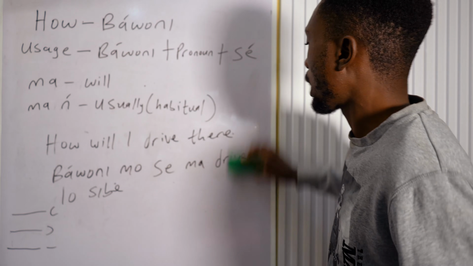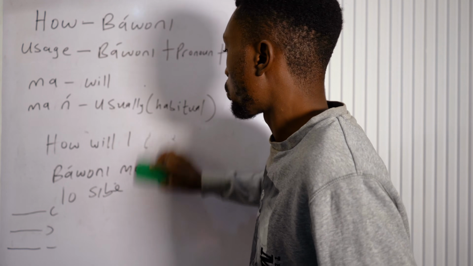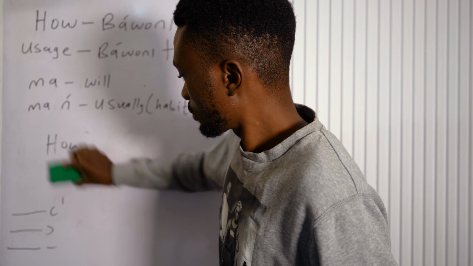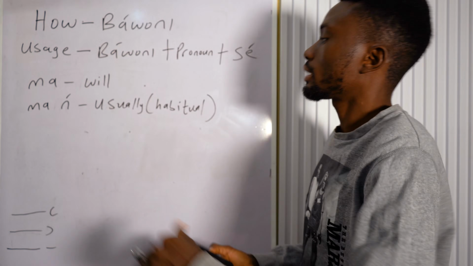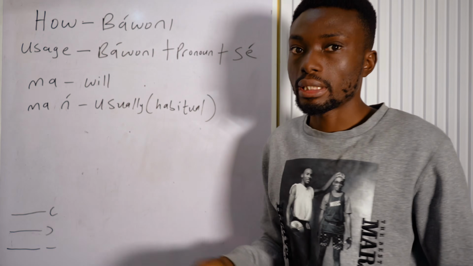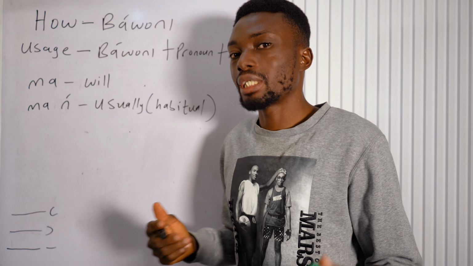So that's for when you are showing how will. Now another one is how, usually. How do you usually put it on?